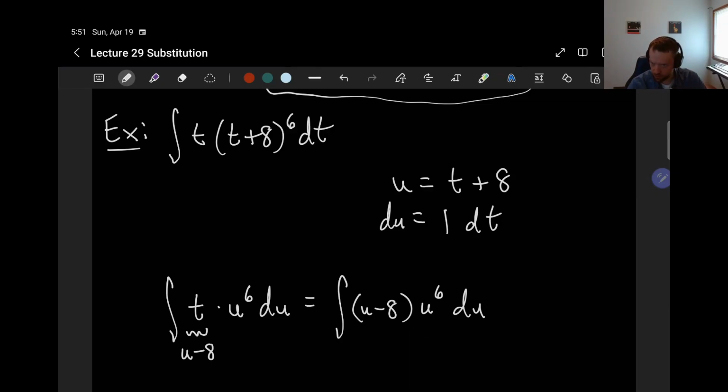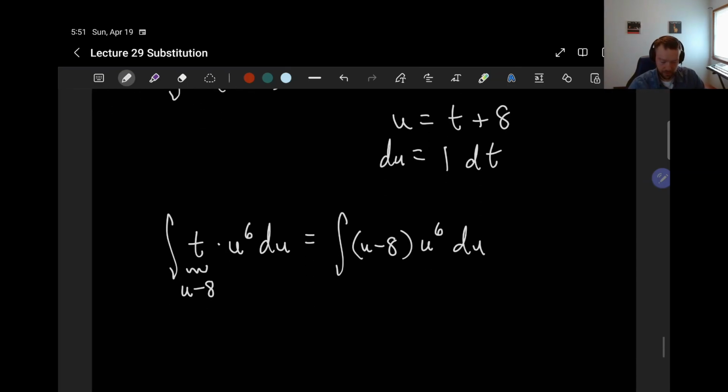That's actually easier to solve than having t plus 8 to the 6th. Because now I can just distribute this u to the 6th. So that'll be u to the 7th minus 8u to the 6th. And then it's just a simple power rule problem.